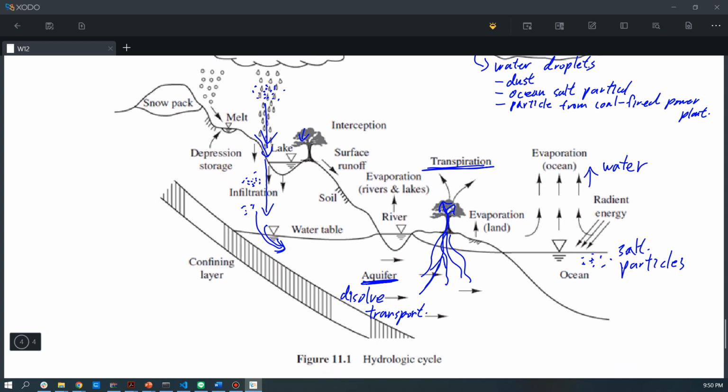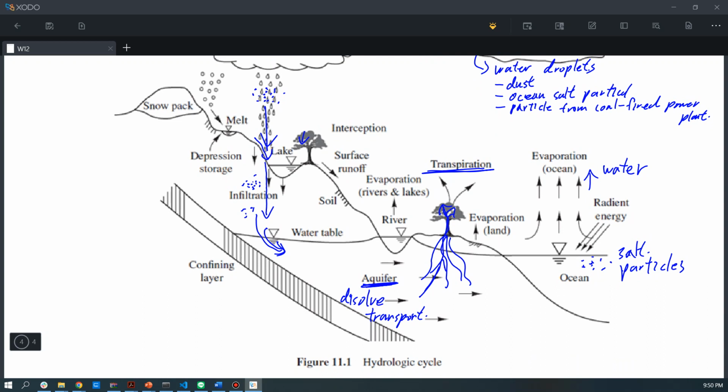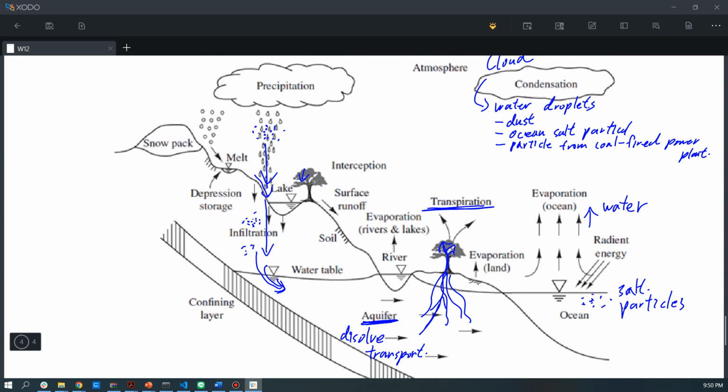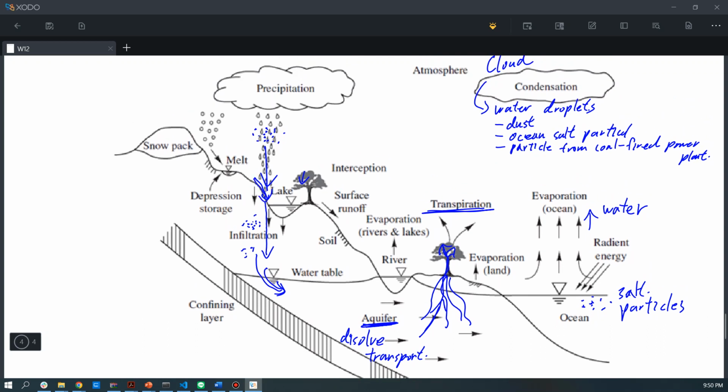Okay, so that's basically about it. We already talked about the runoff. We already talked about the lake, because the lake will also have the evaporation that will increase the pollution concentration inside this lake. We talked about the tree might uptake the water from the soil, which contains the dissolved minerals and nutrients.